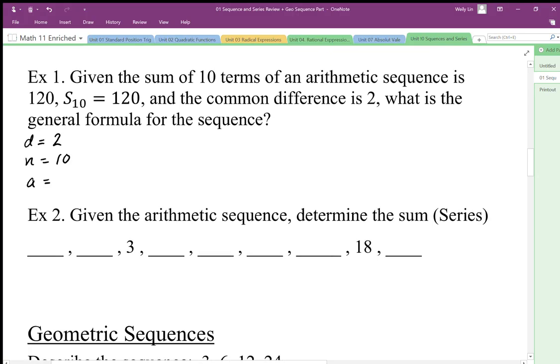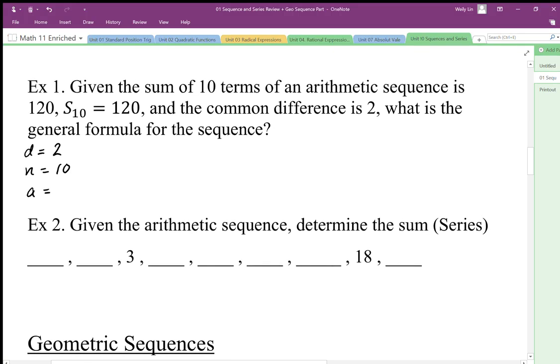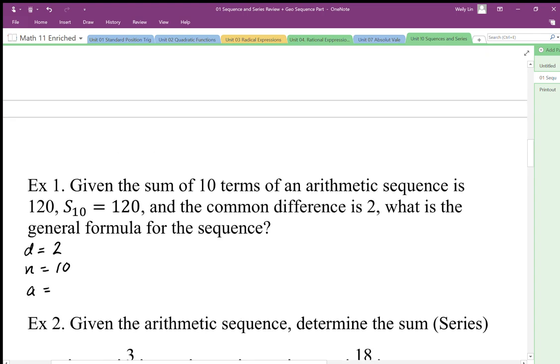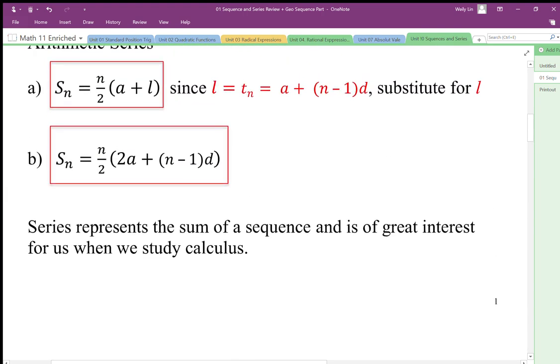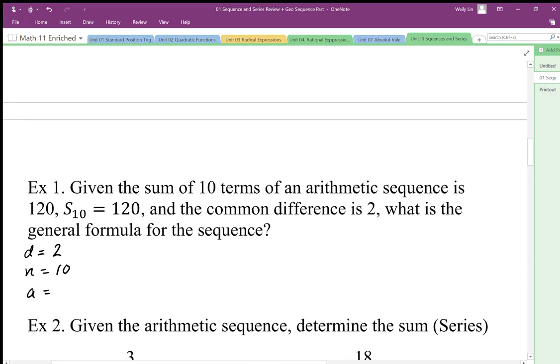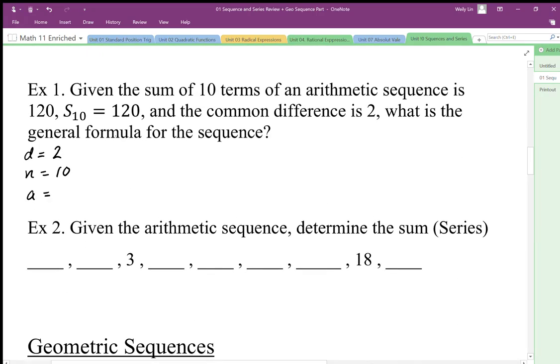So we can solve this for a, because this is the only unknown we have, if we substitute into this series formula here. And so Sn, or S10, is equal to 120.